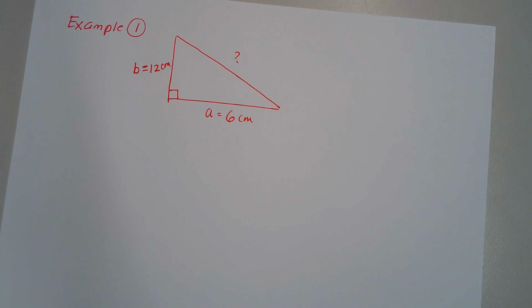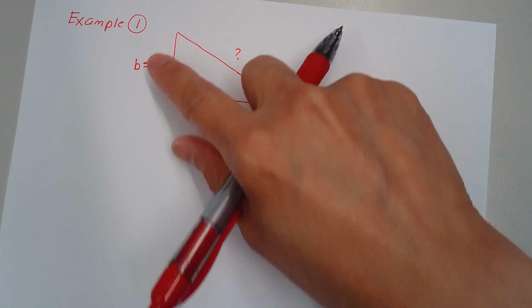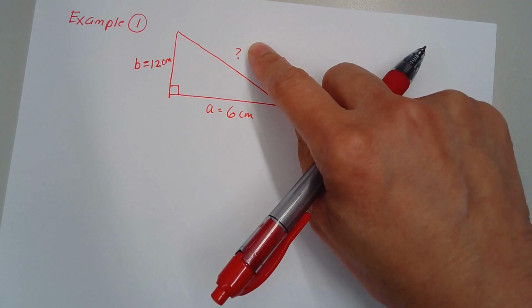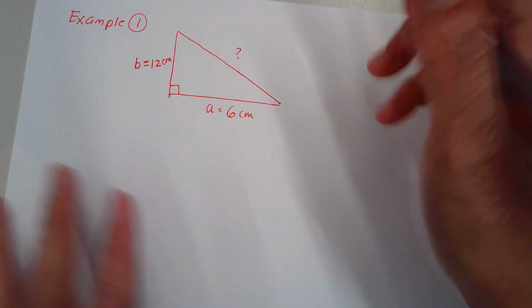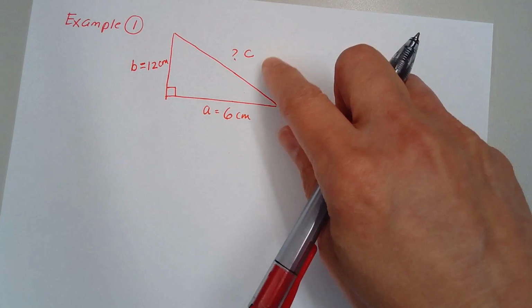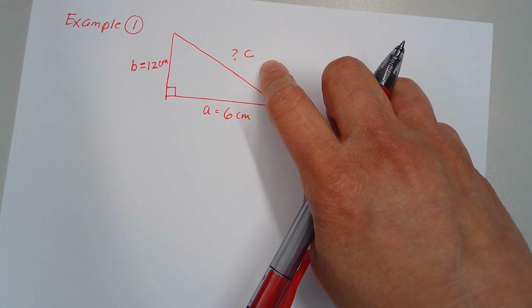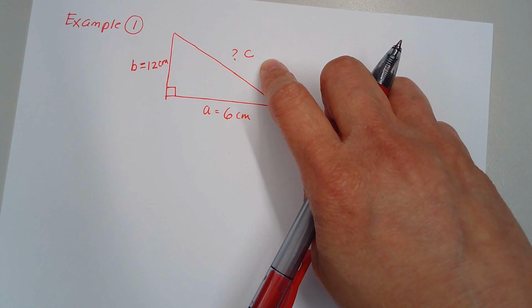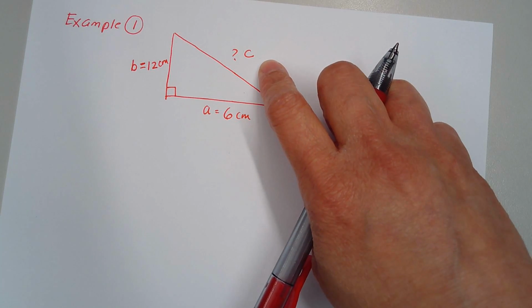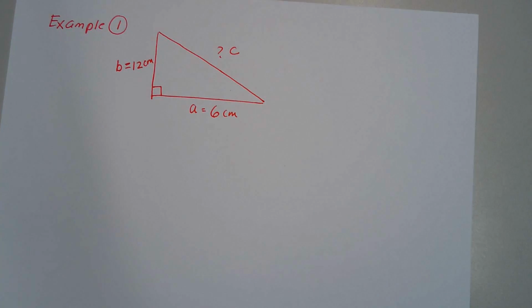We call this A. We're calling this B. What makes sense to go with this? C. Yeah, so C. What's the special name for C? Hypotenuse. We're going to use that word all the time. Hypotenuse is your C.